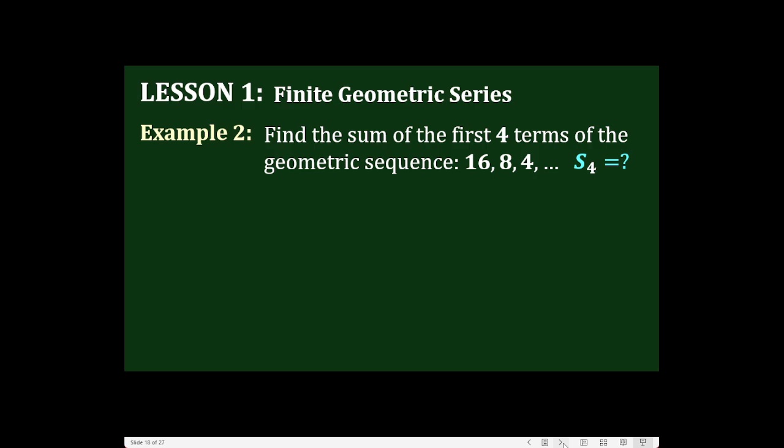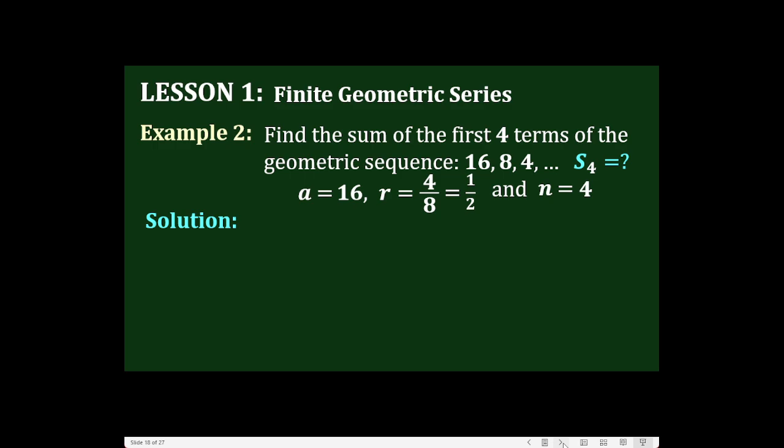Then that is S sub 4. Of course, we need the first term, a, which is 16, the common ratio r, which is 4 over 8, or 8 over 16, which is reduced to 1 half, and n is equal to 4.